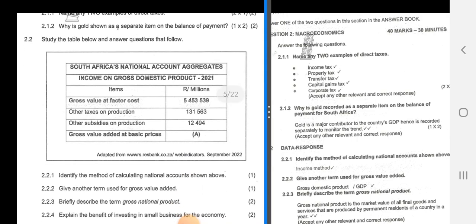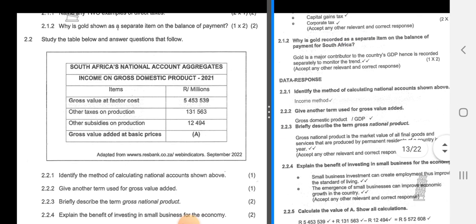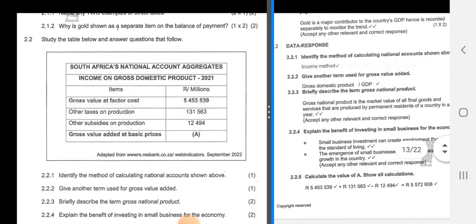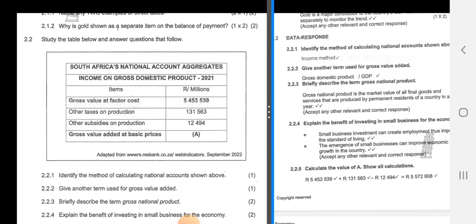Then 2.2, study the table below and answer the questions that follow. 2.2.1: we have the item and millions: gross value at factor cost, other taxes on production, other subsidies on production, and gross value added at basic prices.